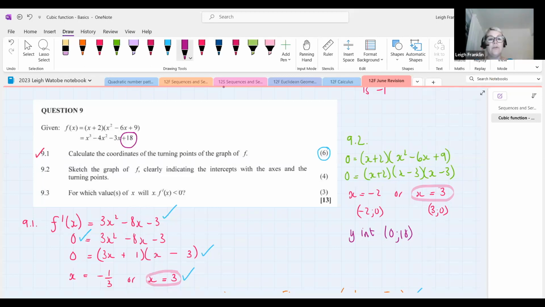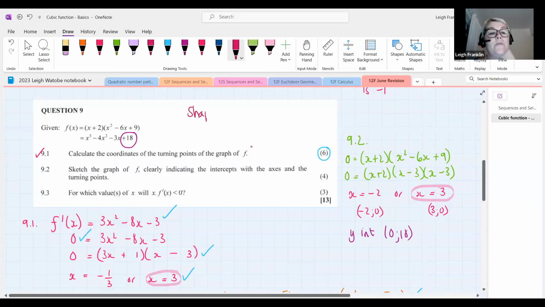Okay, so now you need to sketch the graph. Again, what shape is the graph? Use the words concave down and concave up. What's the graph's shape? Good, Lebogang, good, Leanne. What's the shape of this particular graph? Look at the equation.